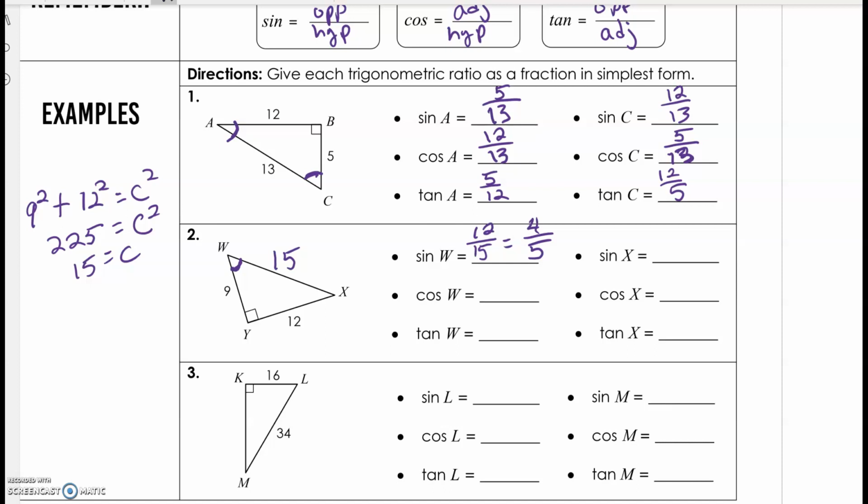Cosine of W, this time we'd look at the adjacent length, 9, over hypotenuse, 15, and that reduces to 3/5. And tangent of W is the opposite side length, 12, over the adjacent side, 9. So 12 over 9, and that reduces to 4/3.